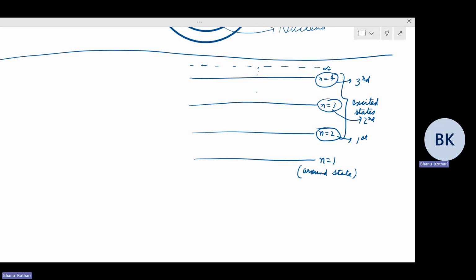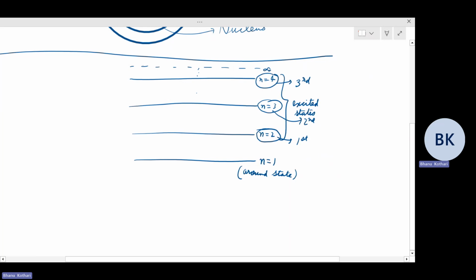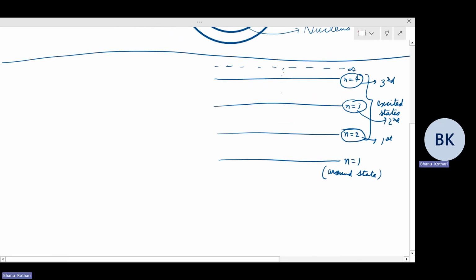We have to ensure that we understand what an excited state means. An excited state is any state which is not the ground state. Ground state will be n equal to 1, and any subsequent state, n equal to 2, 3, 4 and onwards, will be excited states. So n equal to 2 will be the first excited state, the first level above the ground state. We have to understand these names.